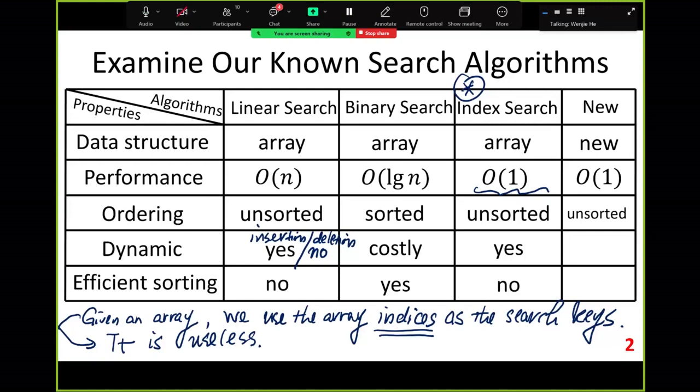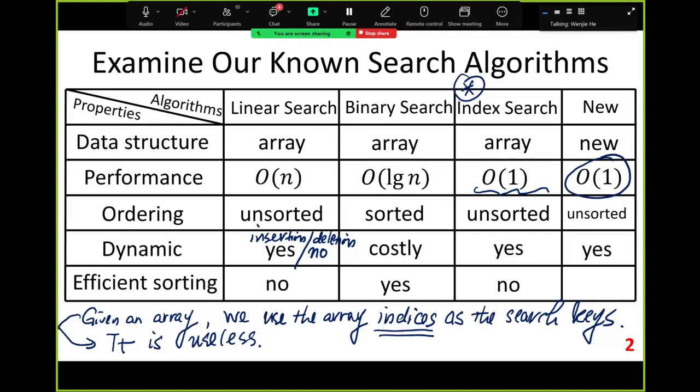Unsorted data: we do not require ordered data, because if we put more requirements, then it's harder to achieve our goal. This is our most important goal, and we may not be able to achieve it. So we do not require data ordered.